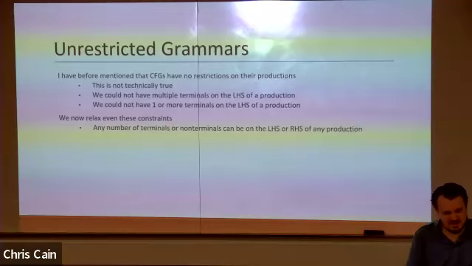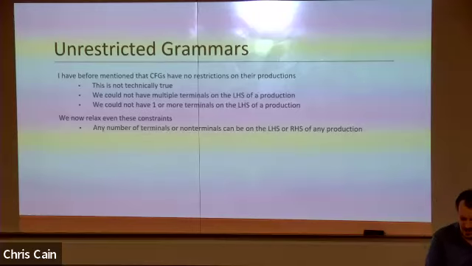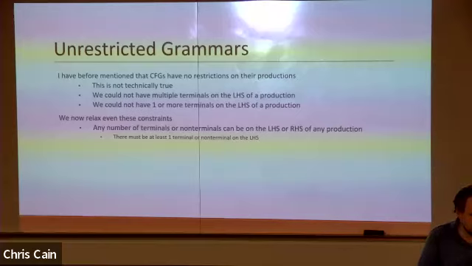So now let's think about grammars that can have any number of terminals or non-terminals on the left-hand side or right-hand side of any production. For the sake of termination purposes, there has to be at least one terminal or non-terminal on the left-hand side. You can't have something like null arrow something. Lambda is also not allowed on the left-hand side of a production for that same reason.